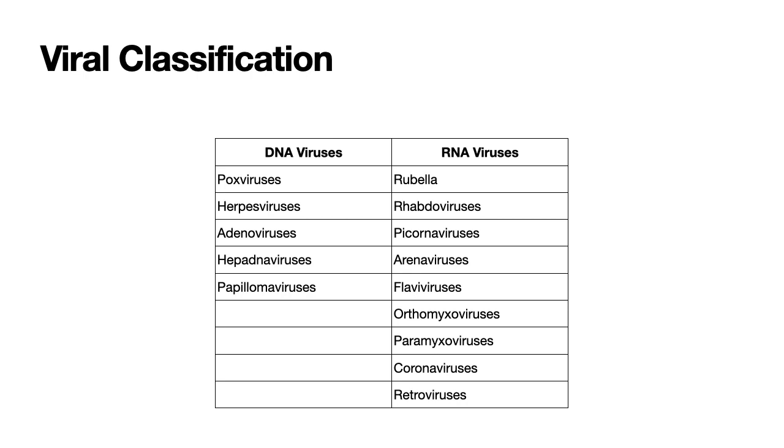You have arenavirus, which is not very common here in our country, but in the United States, it causes hemorrhagic febrile illness. So may fever ang patient tapos bleeding from the orifices. Orthomyxo viruses and paramyxoviruses cause respiratory tract infections, viral respiratory tract infections, and even the mumps.